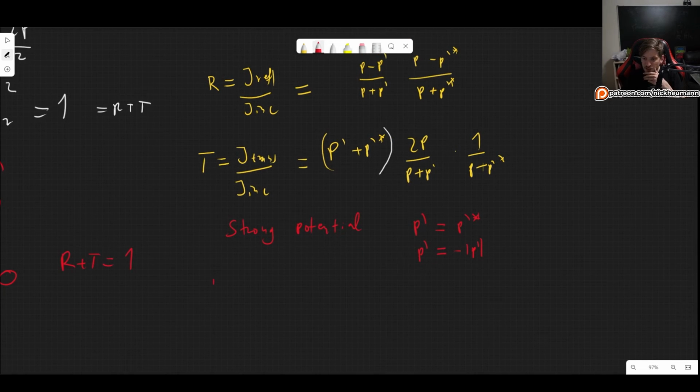So the reflected coefficient will be p minus p prime, but p prime is minus the absolute value, so we get minus minus, so we get plus the absolute value of p prime. And then we divide by p plus p prime, but that is minus the absolute value of p prime. And then we multiply by p minus p prime conjugate, but p prime conjugate is p prime, and p prime is minus the absolute value of p prime. So we get minus minus, which is plus.